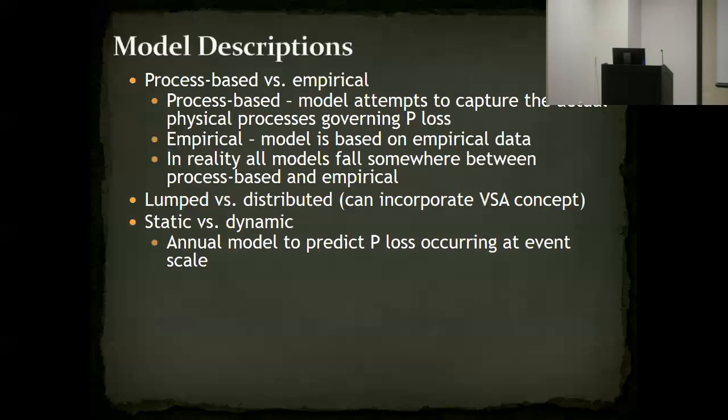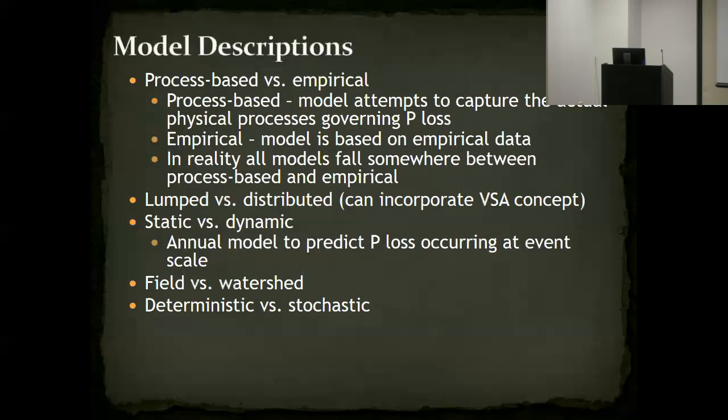But these more complex dynamic models are going to be daily or hourly. You're going to need a lot more data for that. And one of the questions we had is, when you apply phosphorus, especially fertilizer or manure on the surface, one of the things that's really going to factor in how much is lost is the time between application and your first rainfall event. You can't really capture that directly in an annual model, but you can in a dynamic model.